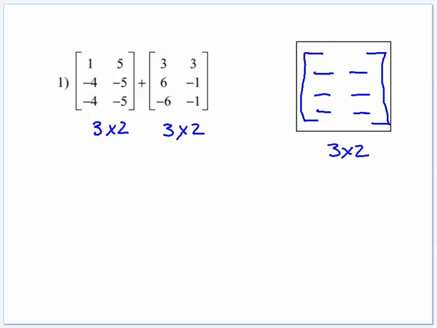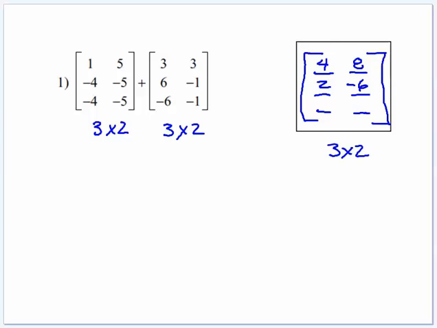1 plus 3, that's 4. 5 plus 3 is 8. Negative 4 plus 6 is the same as 6 minus 4. That's 2. Negative 5 plus negative 1: if you've borrowed $5 and you borrow another dollar, you're in the hole $6.